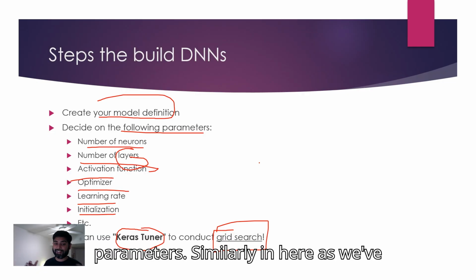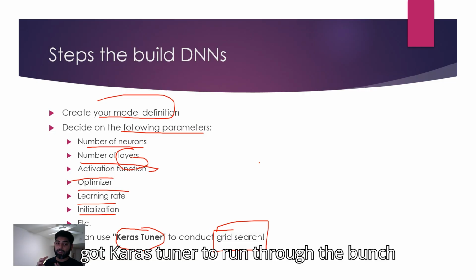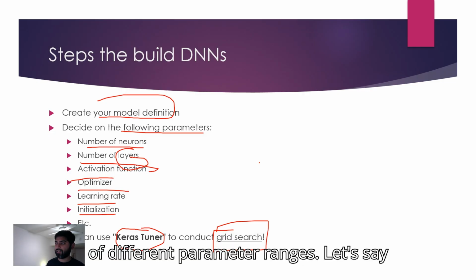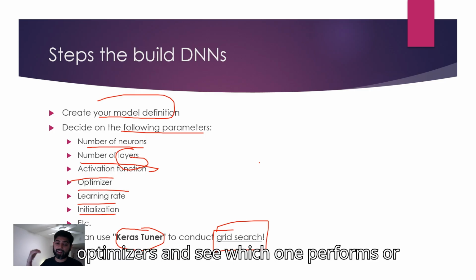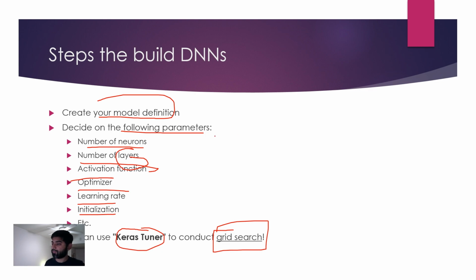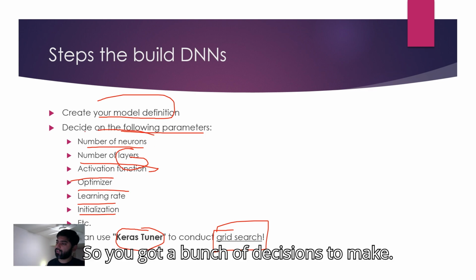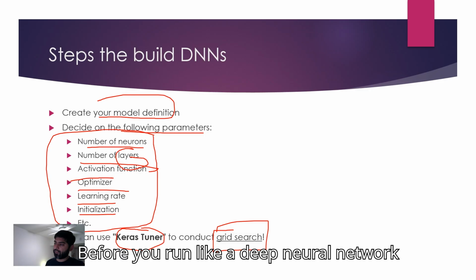Similarly, in Keras, we got Keras tuner to run through a bunch of different parameter ranges. Let's say try 3 different kinds of optimizers and see which one performs or has the highest accuracy. So you got a bunch of decisions to make before you run a deep neural network with Keras.